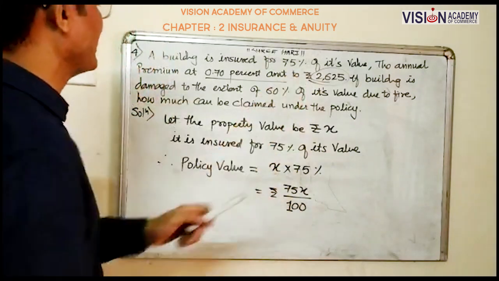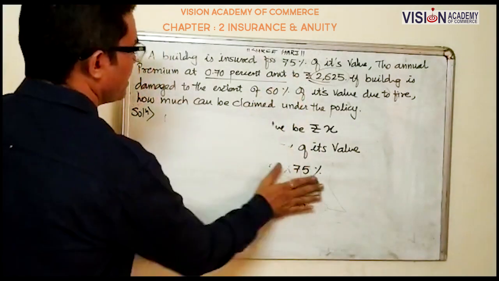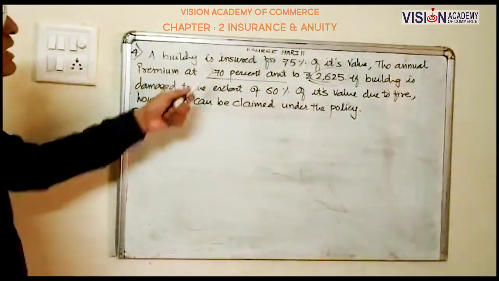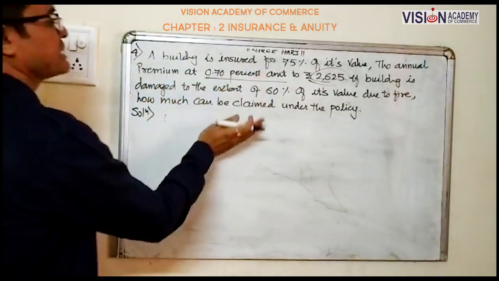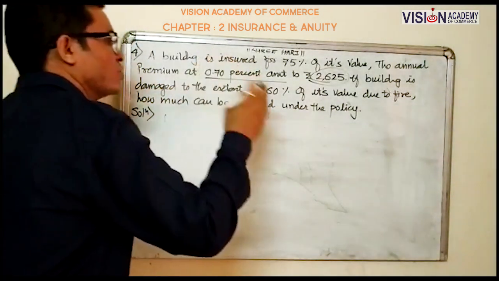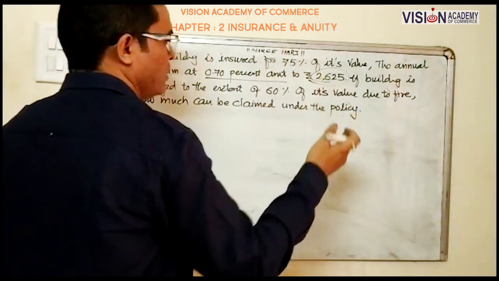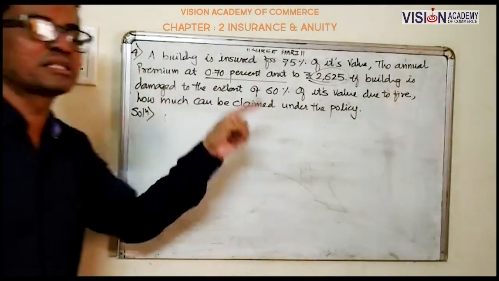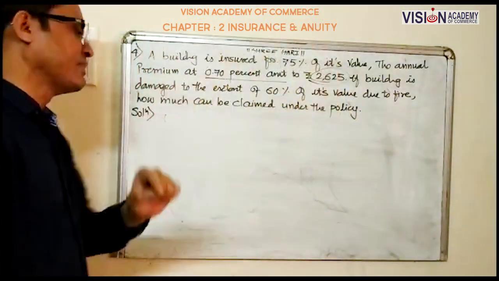See, in this question, the rate of premium, listen, the rate of premium is 0.70% and the amount is rupees 2,625. As we always calculate, premium is always calculated on policy value.